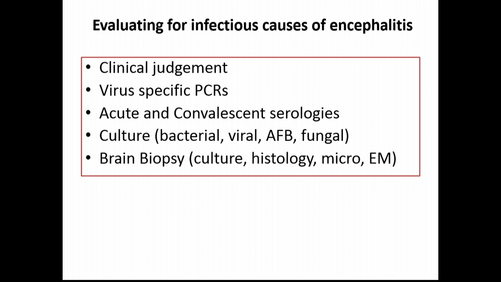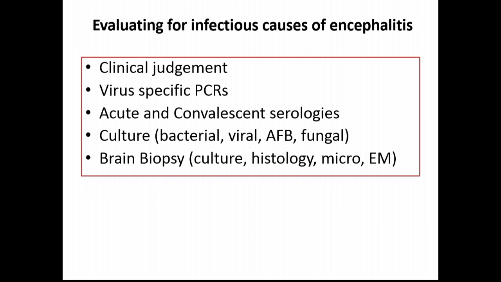So I just want to talk briefly about how the infectious disease diagnostics are evolving, because I think this informs how quickly and how confidently we'll be able to treat autoimmune encephalitis going forward. So this gives the typical 2016 version of how we can work up an infectious encephalitis. At the top, of course, is clinical judgment and exam and history.